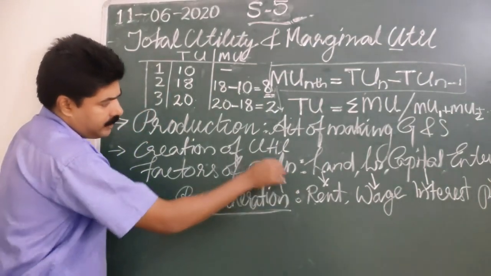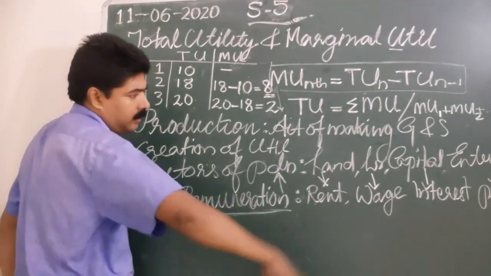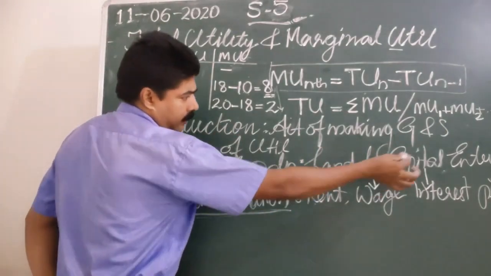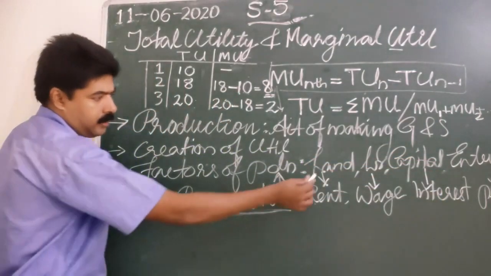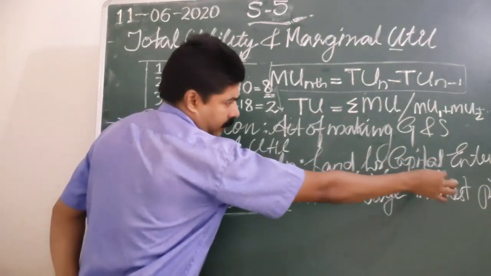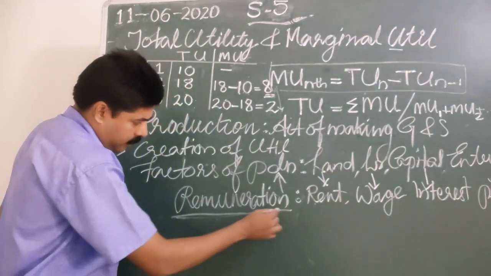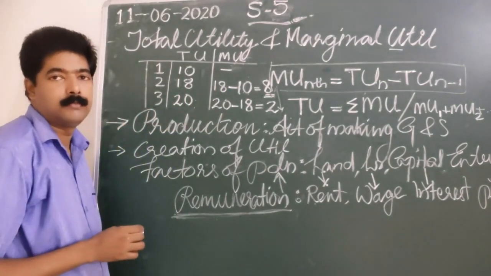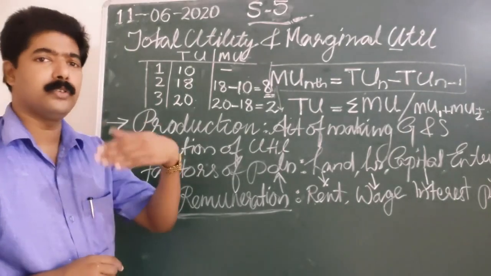Factors of production are land, labor, capital, entrepreneur. Land gets rent, labor gets wages, capital gets interest, and entrepreneur gets profit. Clear? Understand? Okay. Then we move to the next.